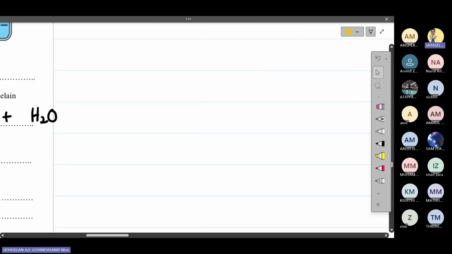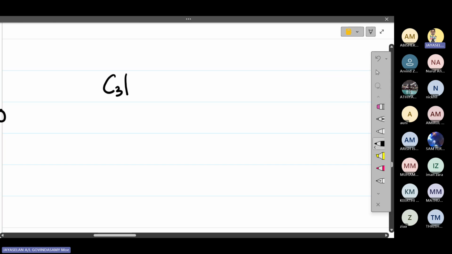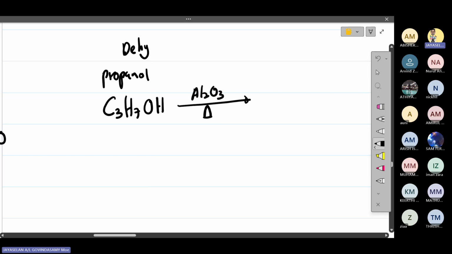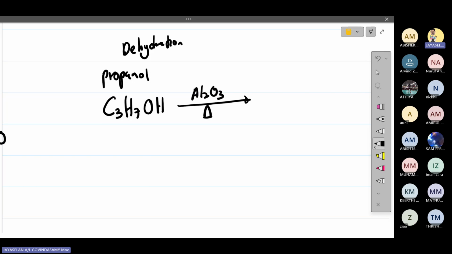If I take C3H7OH, this is called propanol. Propanol, okay, with Al2O3 catalyst. This reaction is called what? Dehydration. Once you see Al2O3 and dehydration, it means removal of water.